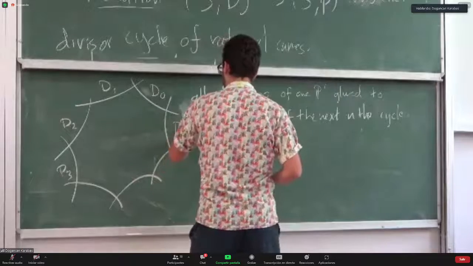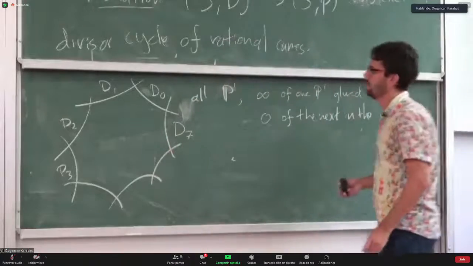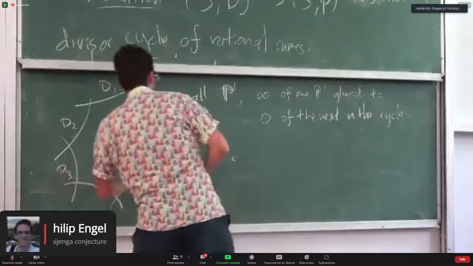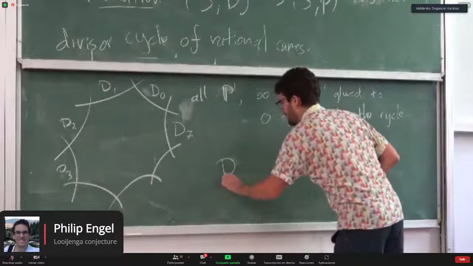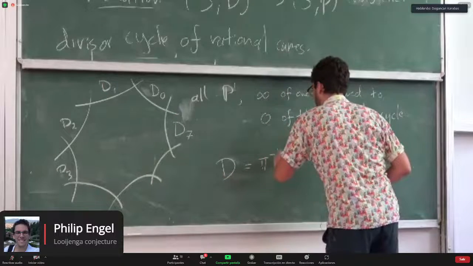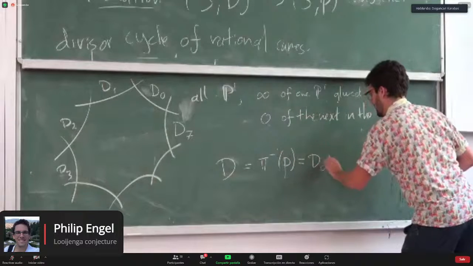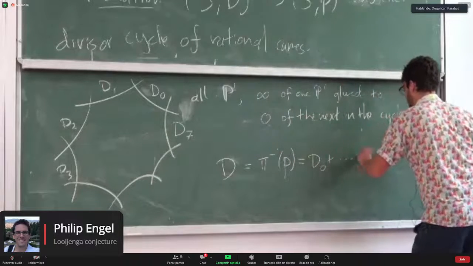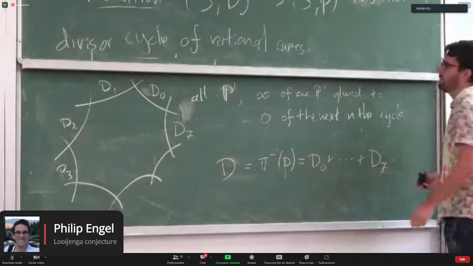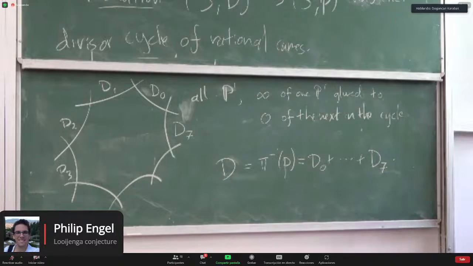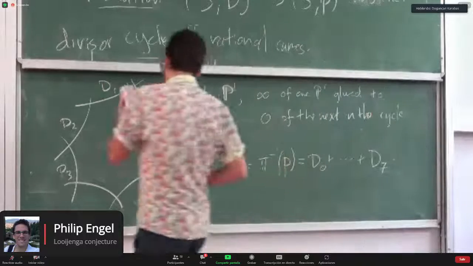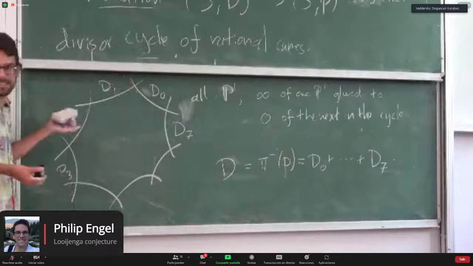Okay. Great. So this D here is this exceptional divisor, which is pi inverse of P, is the sum, right? D0 plus ... plus D7. So somehow it's a singularity whose set of tangent directions is this cycle.